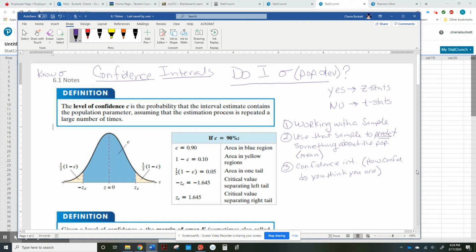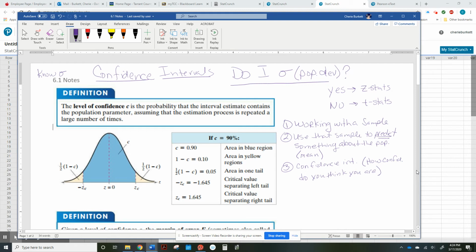Your confidence interval is always going to be a chunk out of the middle of this standard curve. It's usually going to be numbers like 90, 95, 97, 92, 80, 85. Those numbers are going to change, but it's going to come right out of the middle of the chunk.